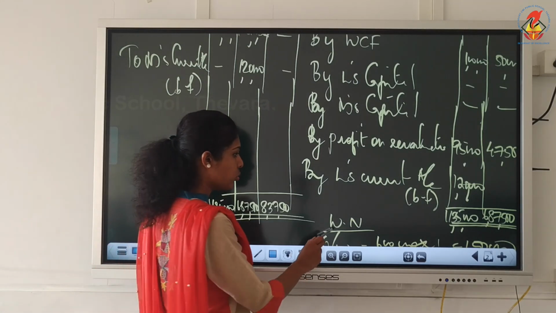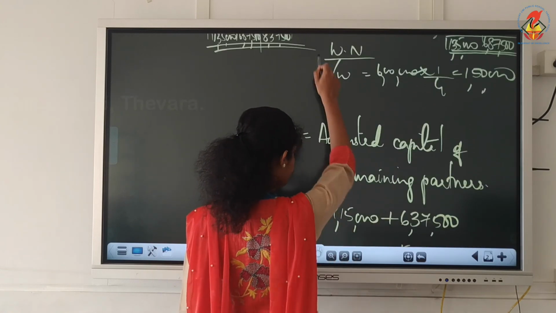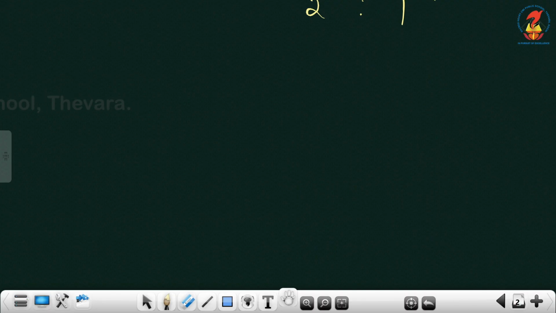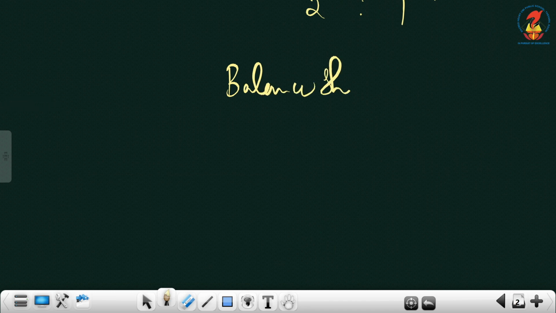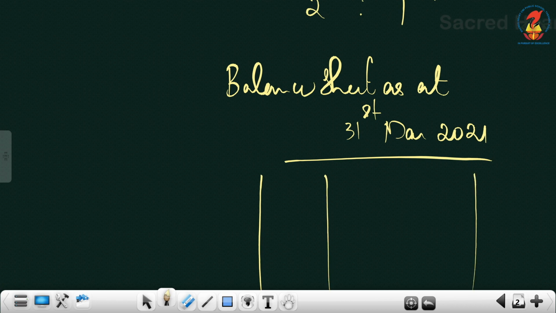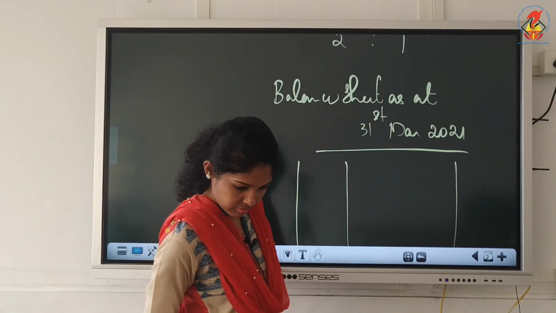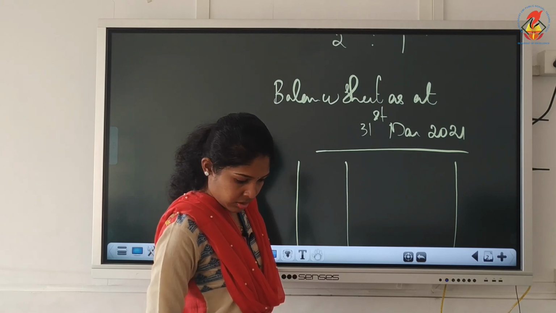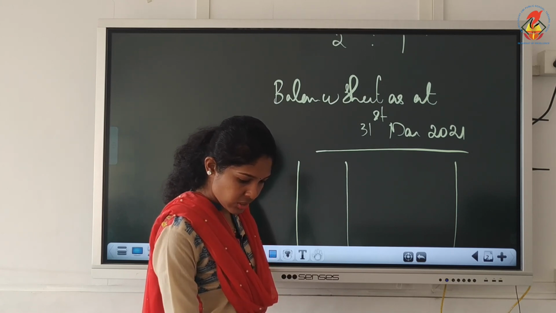Okay, so now we will do balance sheet. So write balance sheet as at, is the opening date of the balance sheet given.